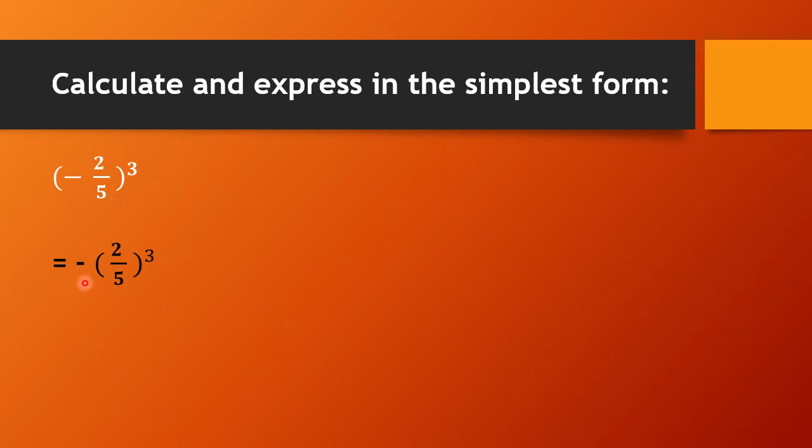It will be negative (2/5)^3. After that, we will distribute power 3 among the numerator and the denominator. It will be negative 2 power 3 over 5 power 3. After that, negative 8 over 125.